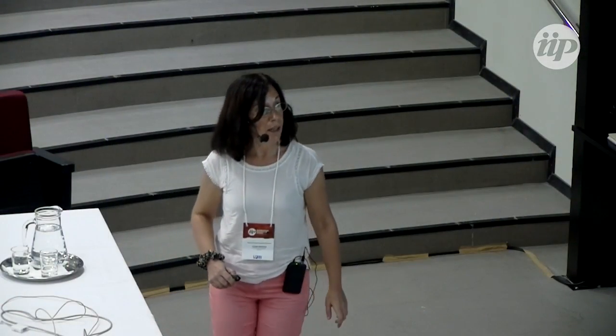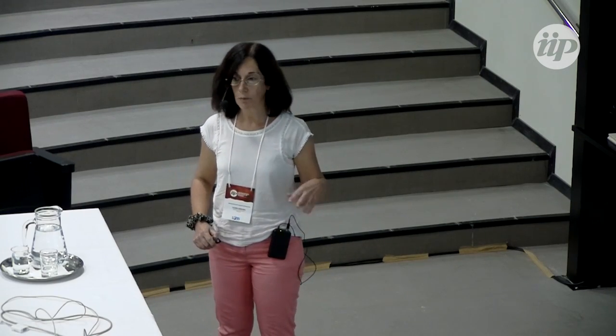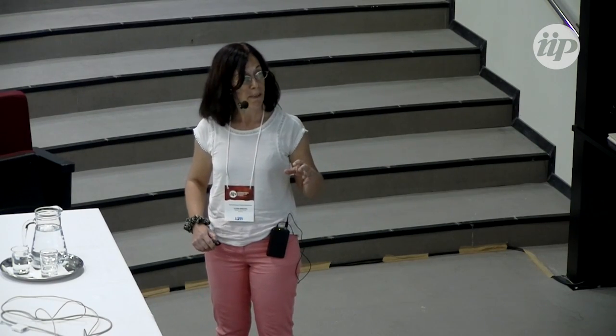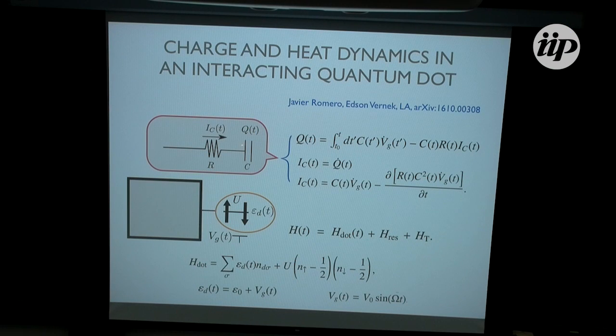So now I'm going to propose this equation for this classical nonlinear circuit. Now C and R will be quantities that depend on V. The amplitude V can be large, but V dot is a small quantity. So I'm going to consider this classical equation for this circuit.